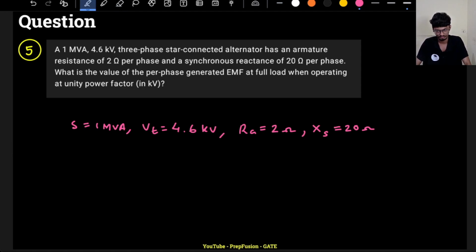So very simple, very easy to understand. Unity power factor basically means my cos theta will be equal to 1, sin theta will be equal to 0. They are asking me what will be the per phase value. So I know the magnitude of the per phase EMF is very simple.